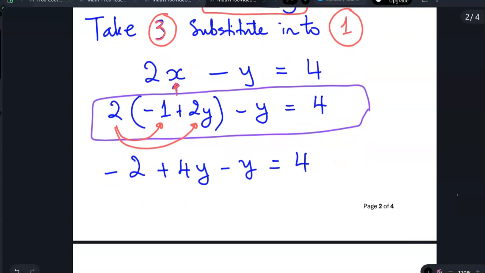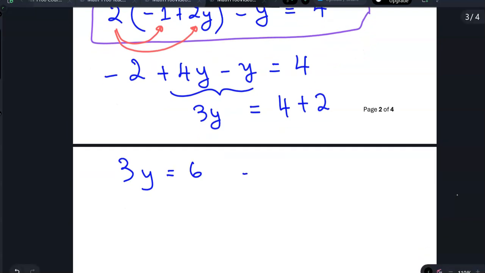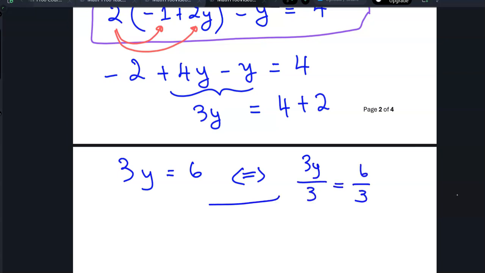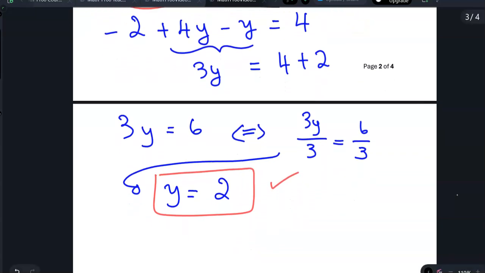Solving for y, I combine these two and have 3y, and I bring this over to this side, I should have plus 2. So I have 3y equal to 6. Therefore, I divide both sides by 3, and I end up with y equal to 2. Okay, so let's circle that, y equal to 2.